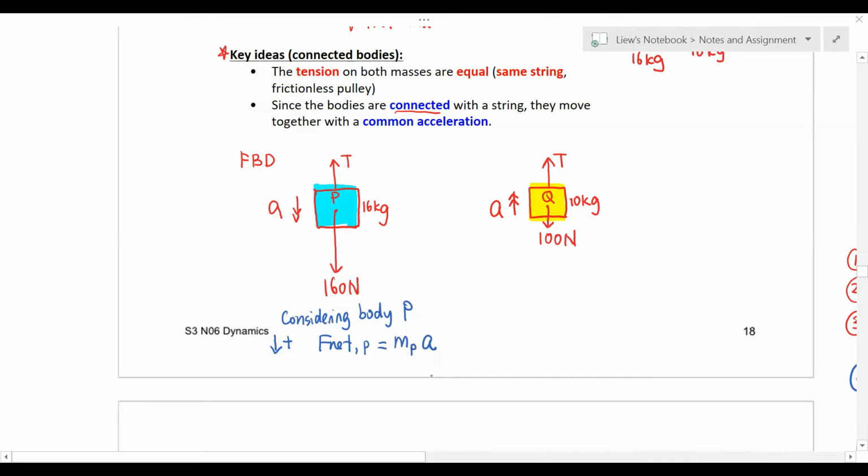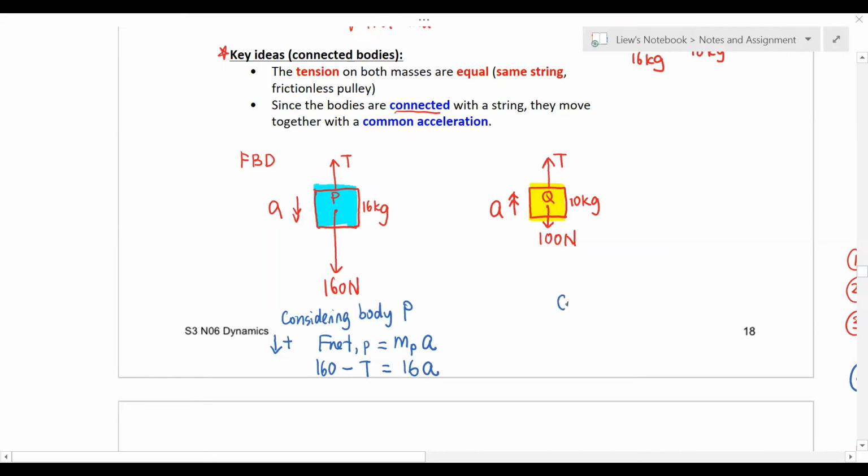Let's take a look at all the forces acting on P. It has the weight in the downward direction and tension in the upward direction. So the net force downward will be 160 minus T, causing its own mass of 16 kg to accelerate.